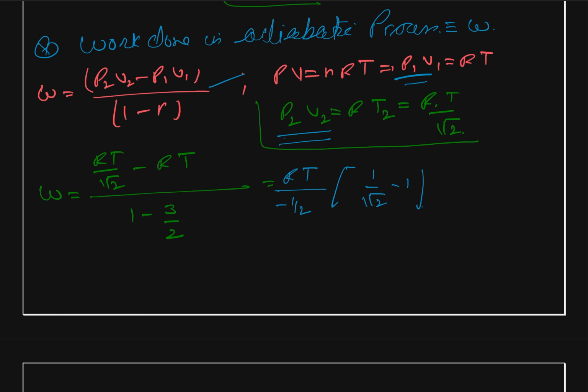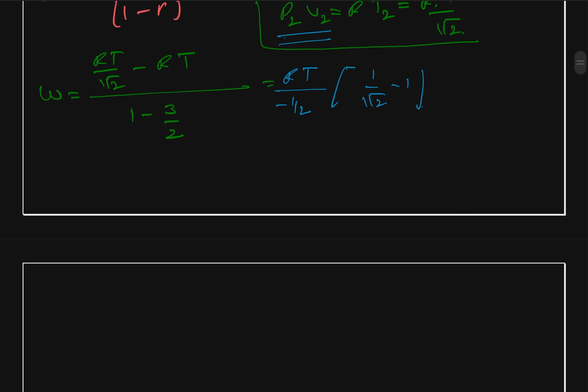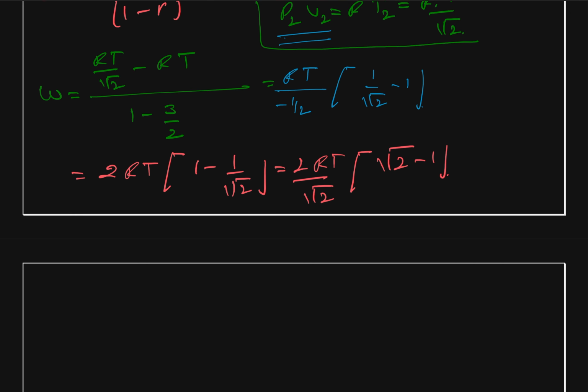And now we can just sort it out and we get this as twice RT times (1 upon square root of 2 minus 1). We can take square root of 2 as LCM. So this comes as twice RT divided by square root of 2, times (1 minus square root of 2). Now we can rationalize it.